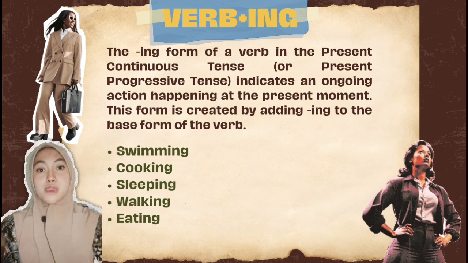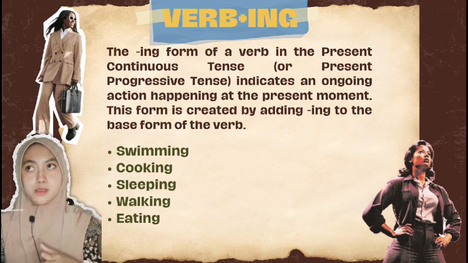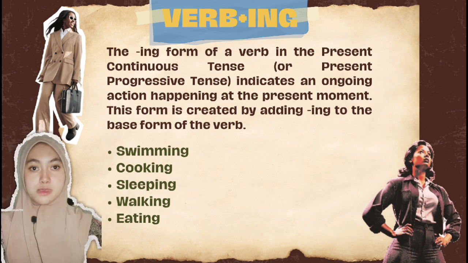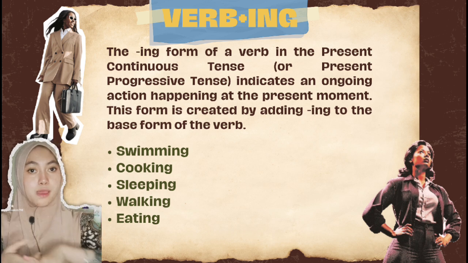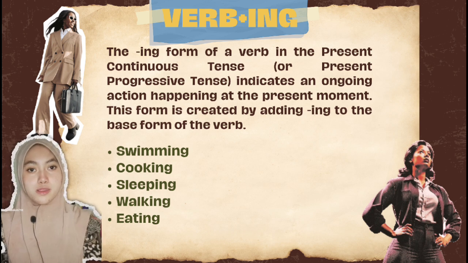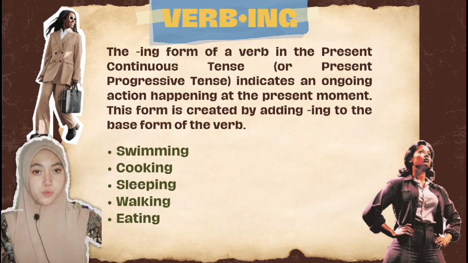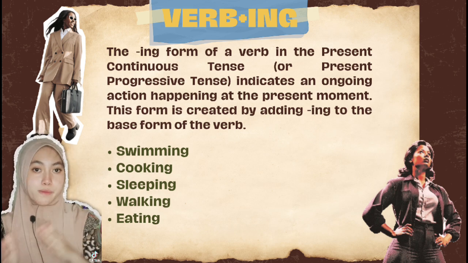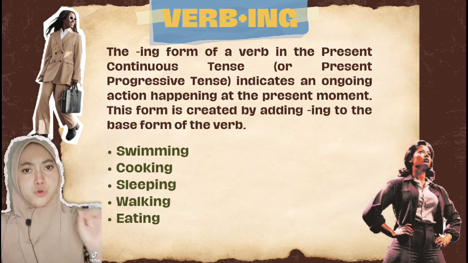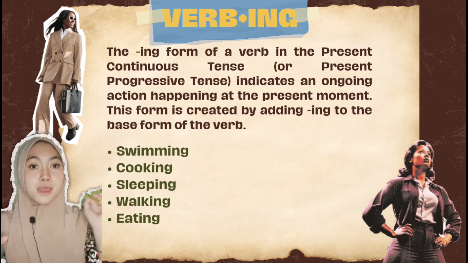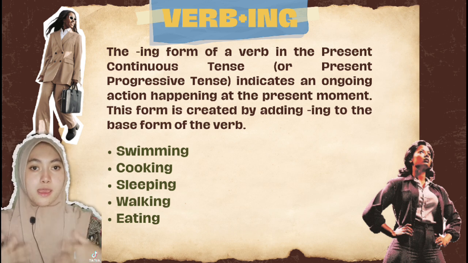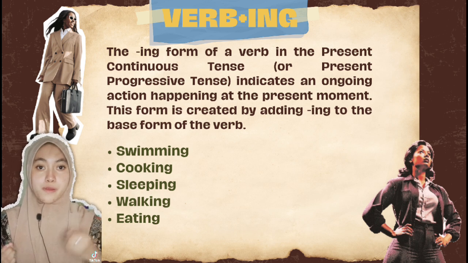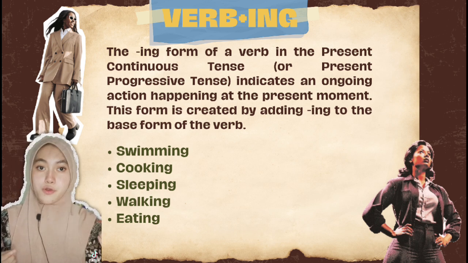But be careful, every verb has a different rule, because like swim, if you add ing to the back of swim, it needs a double m in the middle, like swimming. But cooking doesn't need a double k in the middle. You just have to remember the rules about verb plus ing, right?